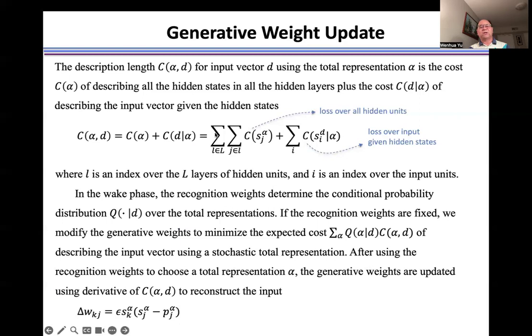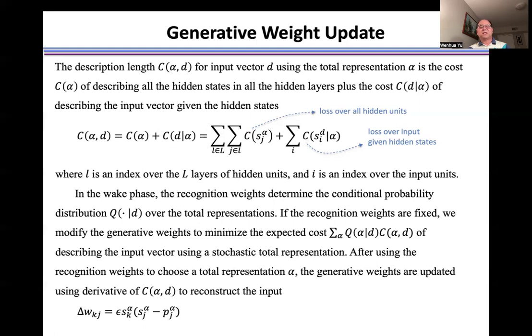We further rewrite the first term as a loss over all the hidden units, and the second term as a loss over the input given the hidden state, where L is the index over the L layers of hidden units, and i is the index over the input units.